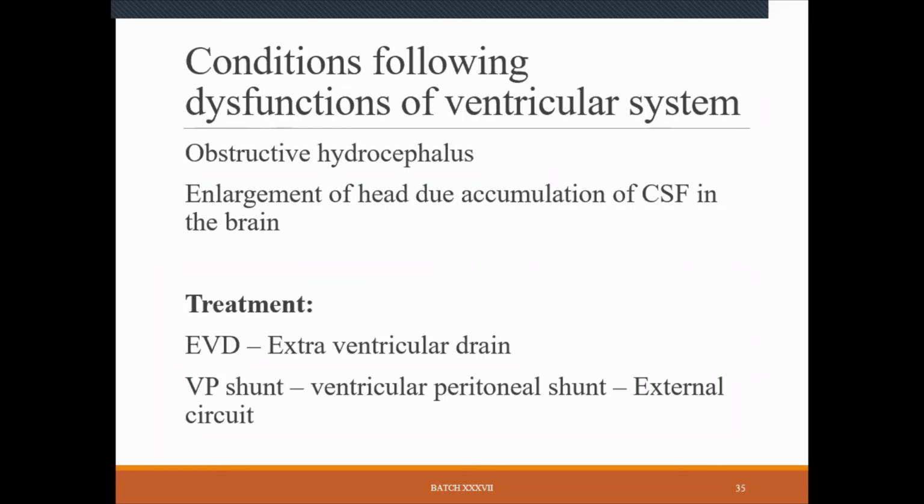Then the conditions following dysfunctions of the ventricular system. Why do you need to learn about this ventricular system? Because it can cause various problems. One is obstructive hydrocephalus, enlargement of the head due to accumulation of CSF in the brain.